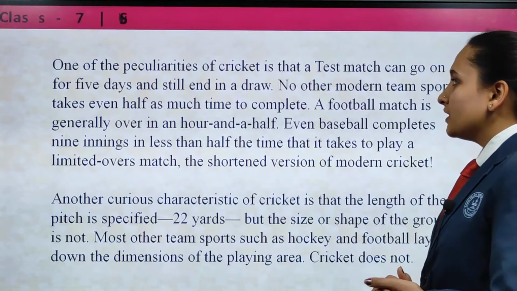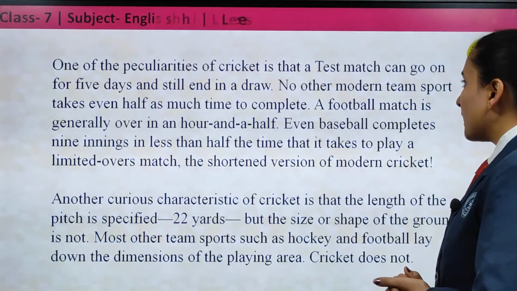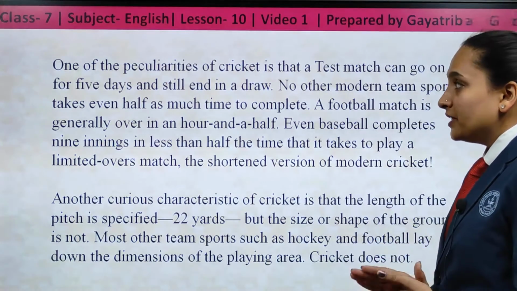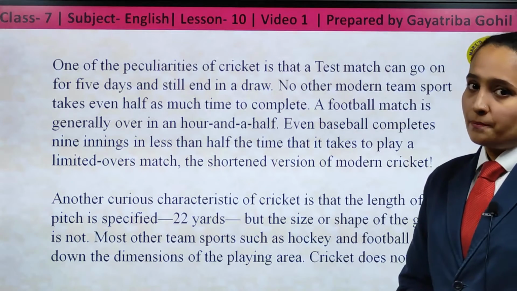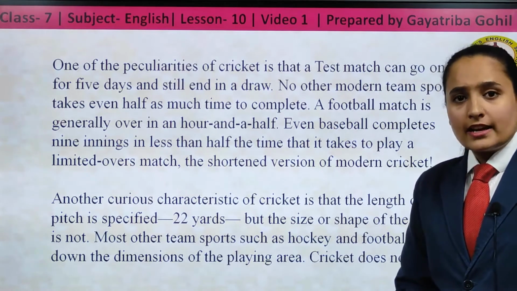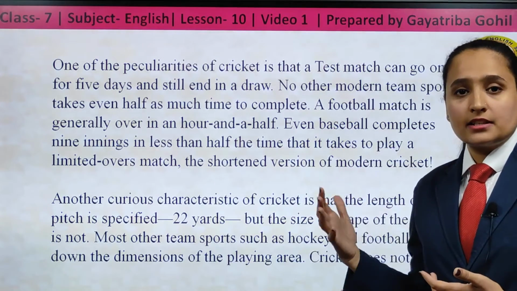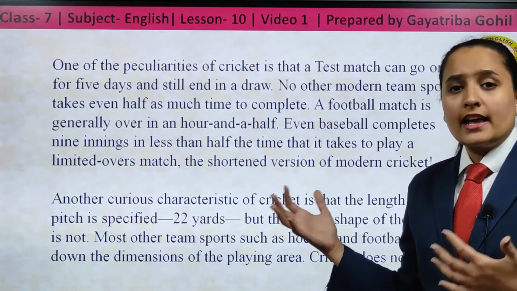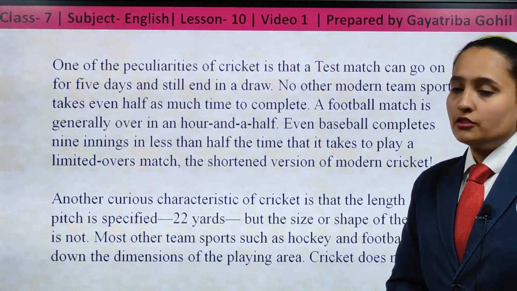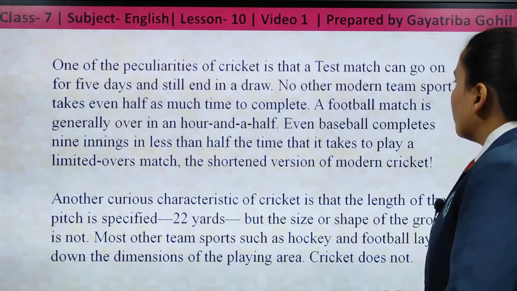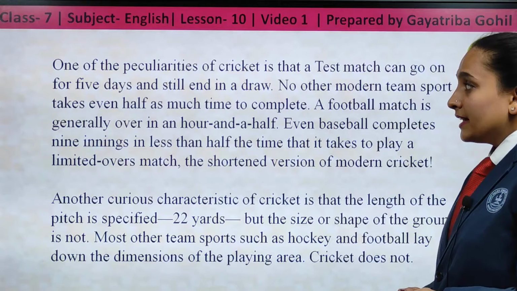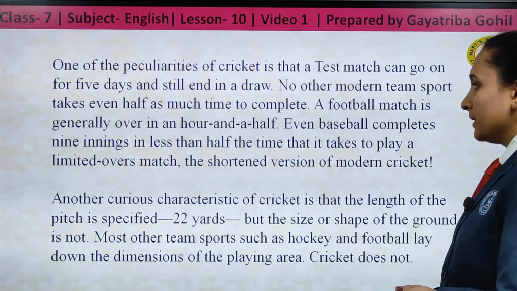One of the peculiarities of cricket is that a test match can go on for 5 days and still end in a draw. A match like a test match can go on for 5 days, 4 days, and still end in a draw. No other modern team sport takes even half as much time to complete.